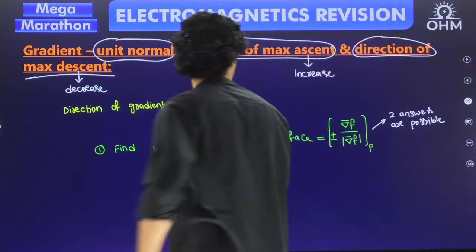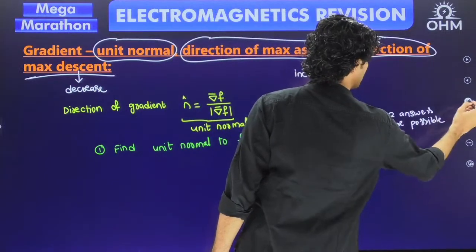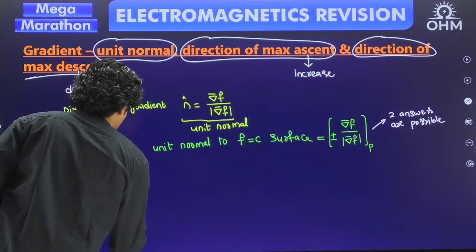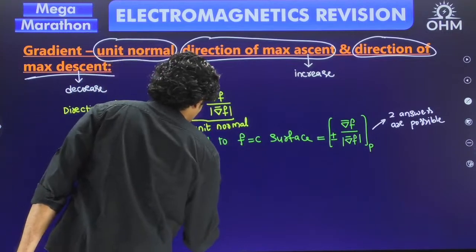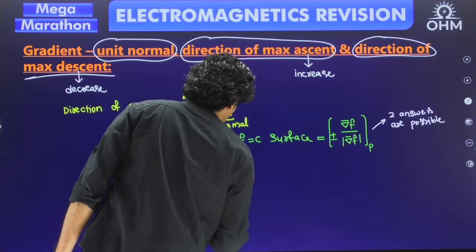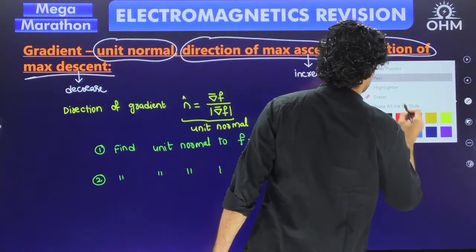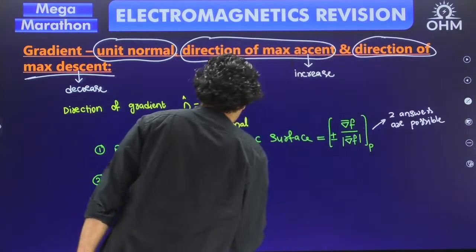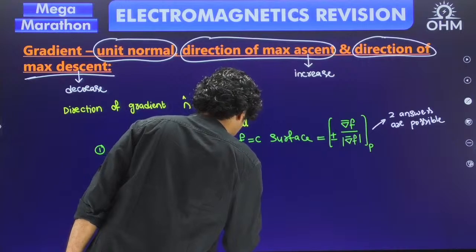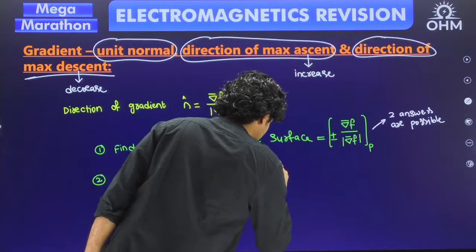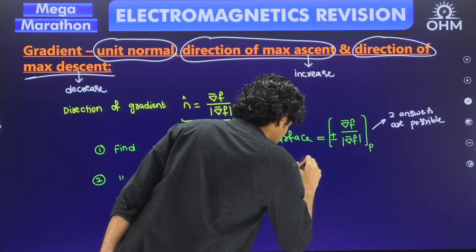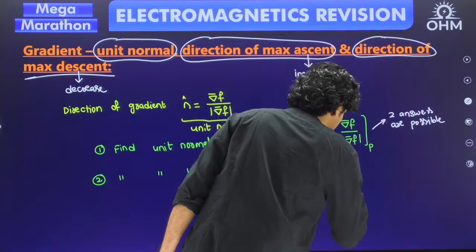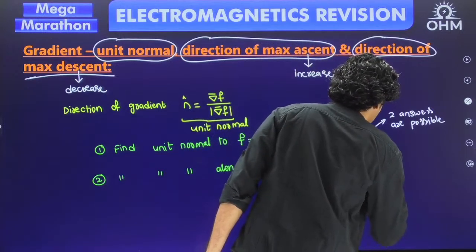And the next kind of question is the direction of maximum increase of the function. Find, let's assume, unit normal along maximum increase, which means maximum ascent, of the function f.